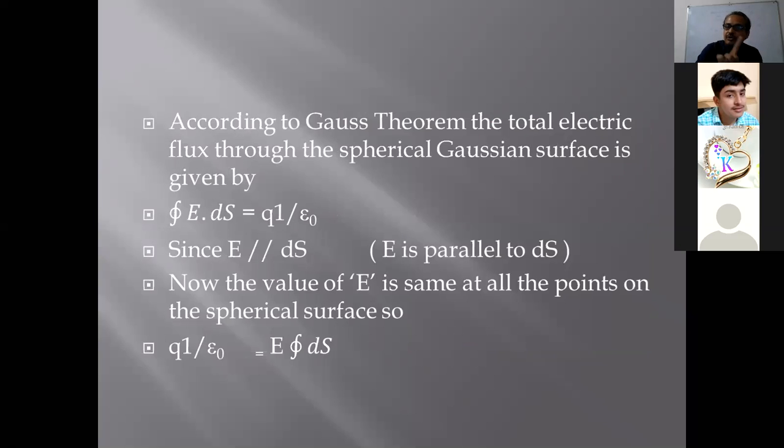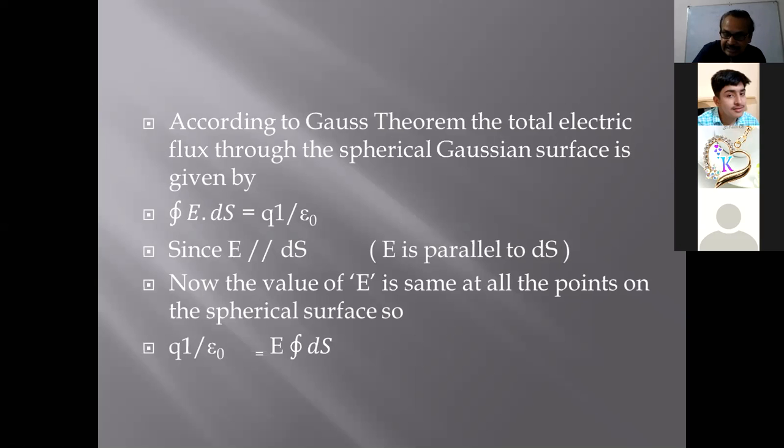So according to Gauss theorem, phi will be equal to Q1 by epsilon naught, because in this Gaussian sphere, what is the magnitude of the charge enclosed inside? It is Q1. Inside the sphere, the charge is Q1. So, according to Gauss theorem, total electric flux phi will be equal to Q1 by epsilon naught.